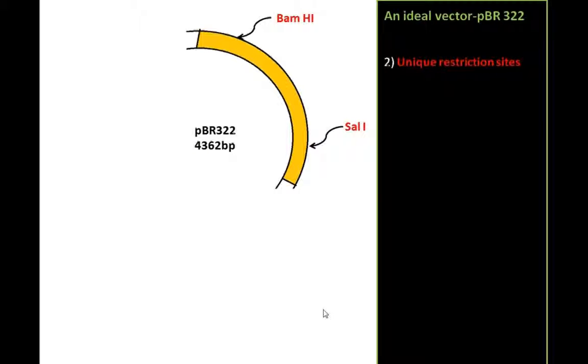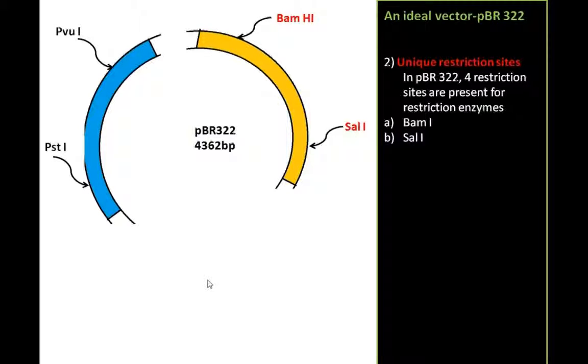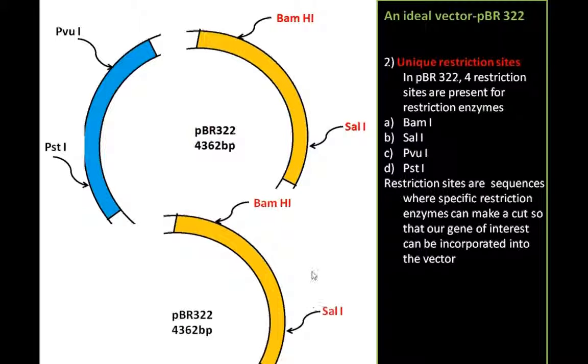Now the second part, that is the unique restriction sites. In the pBR322 vector, there are 4 unique restriction sites: BamHI, SalI, then PvuI and PstI. What is it for? Let us take an example.